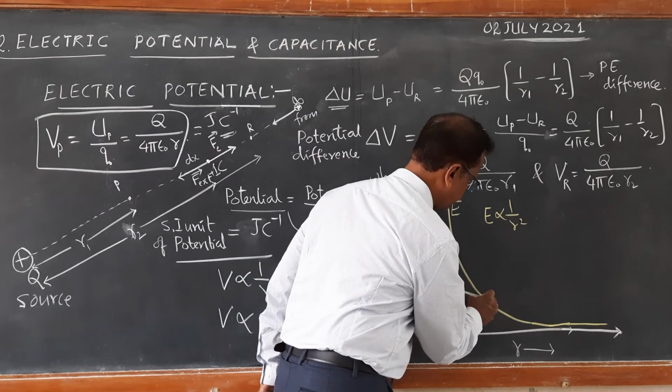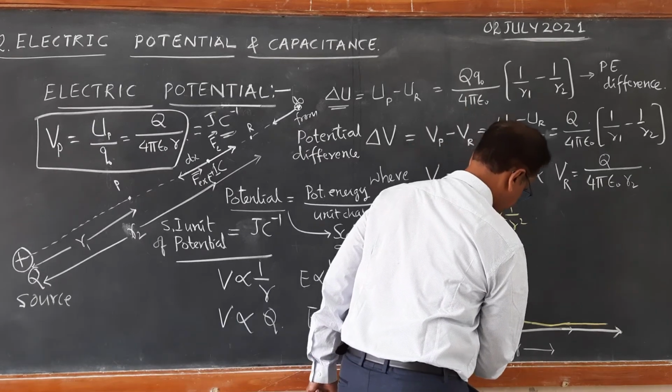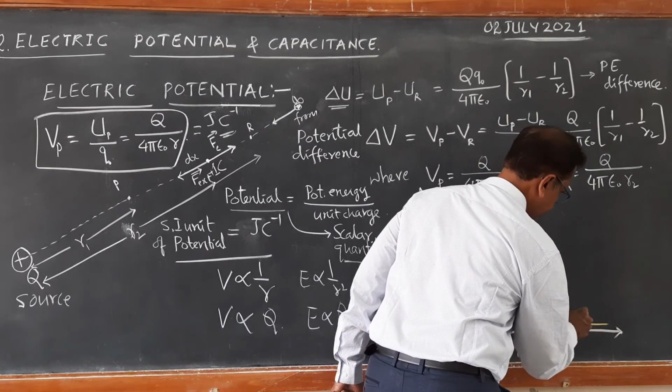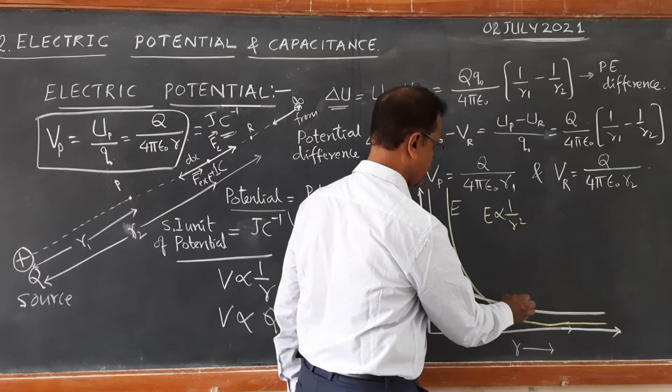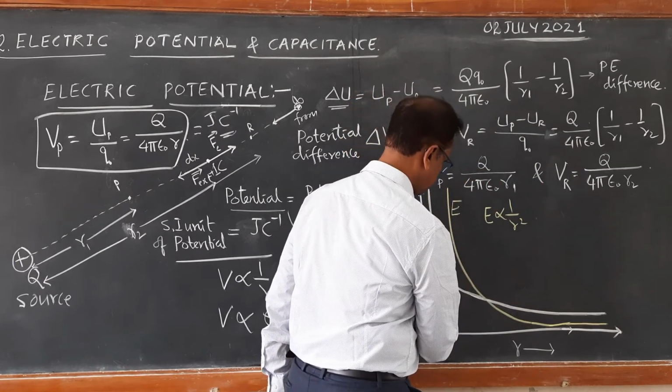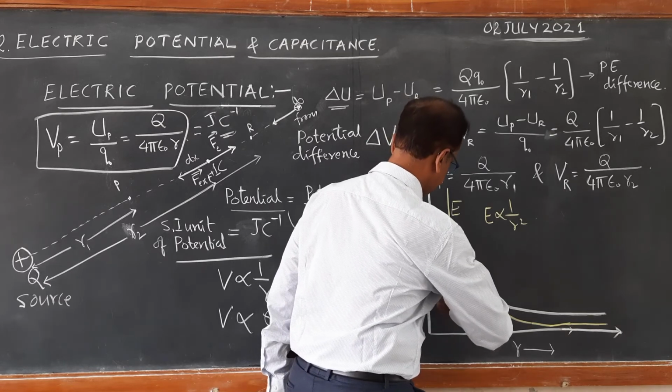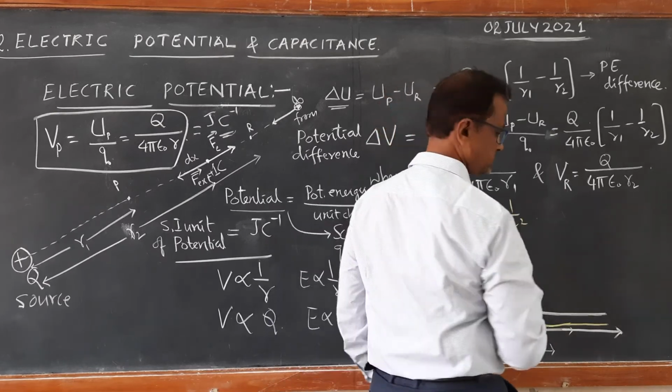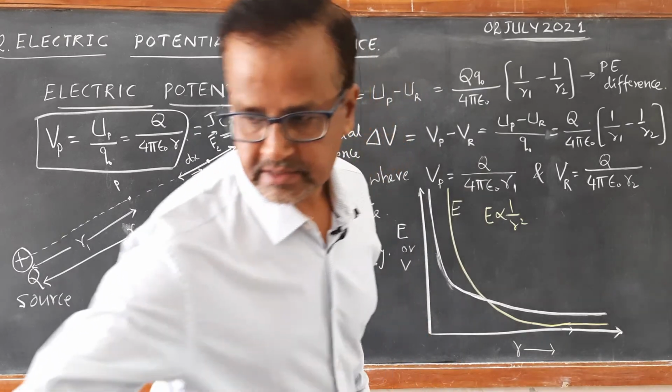So, this is how you get the decreasing graph. The graph I have drawn above is also a curve, but you see the difference here.